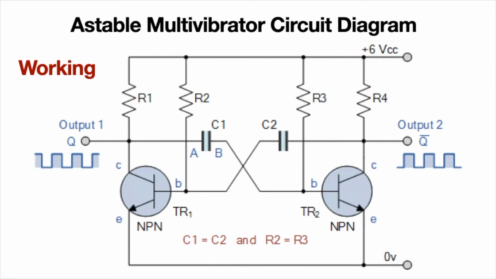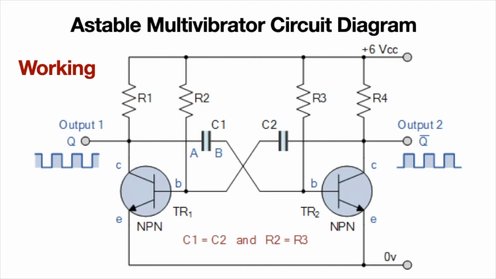So due to that, one transistor will go to saturation first. That may be any of them, right? It is not fixed which transistor goes into saturation first. So let us consider that transistor TR1, or Q1, goes to saturation first.